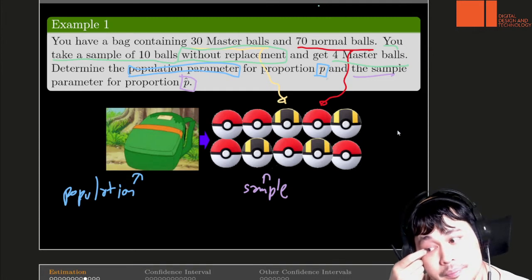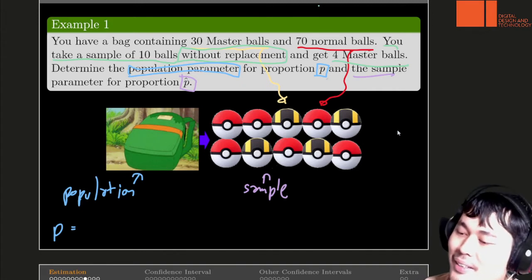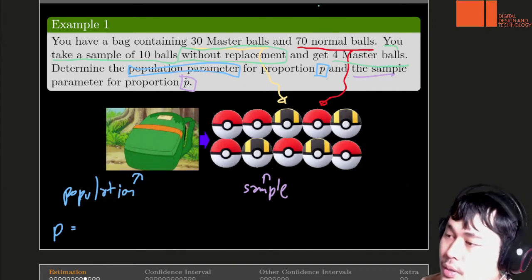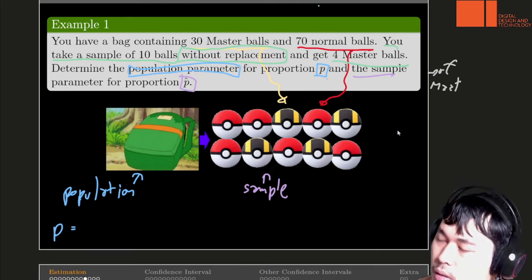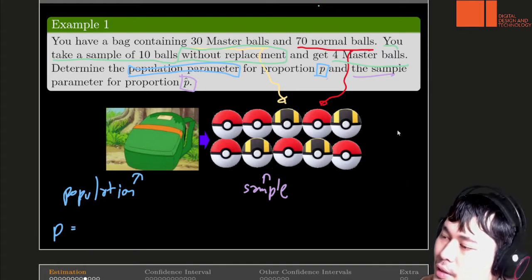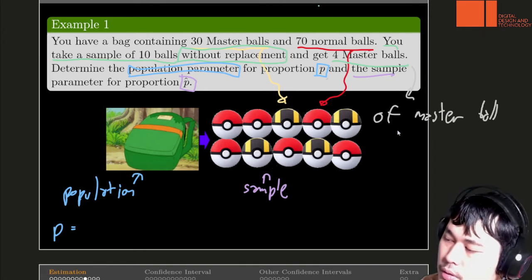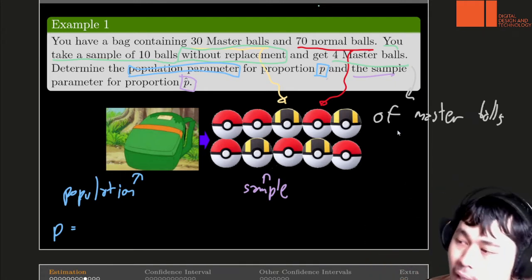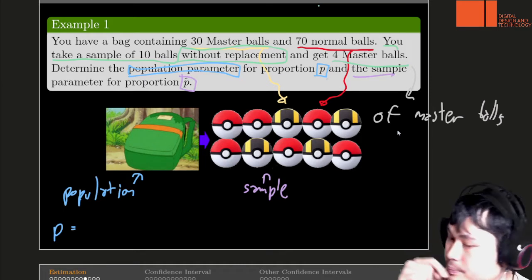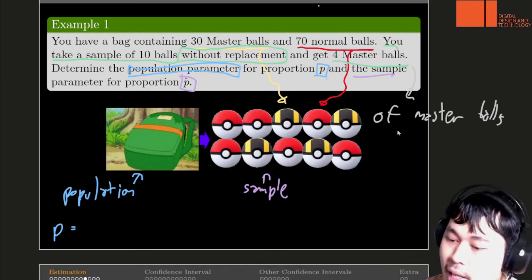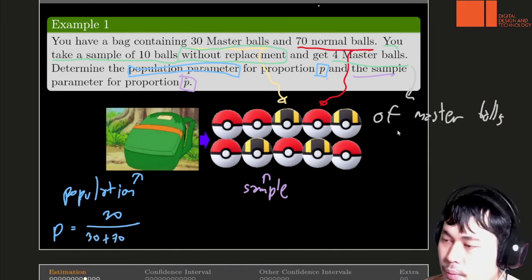And so there are 2 values here. To find those numbers, you simply do the math. To find the proportion of master balls, and how likely it is that you're going to pick a ball at random and get a master ball: for the bag itself, there are 30 master balls among the total of 100.